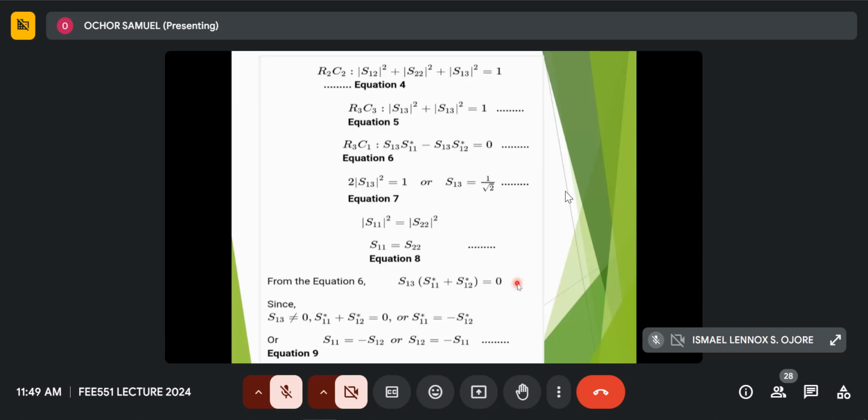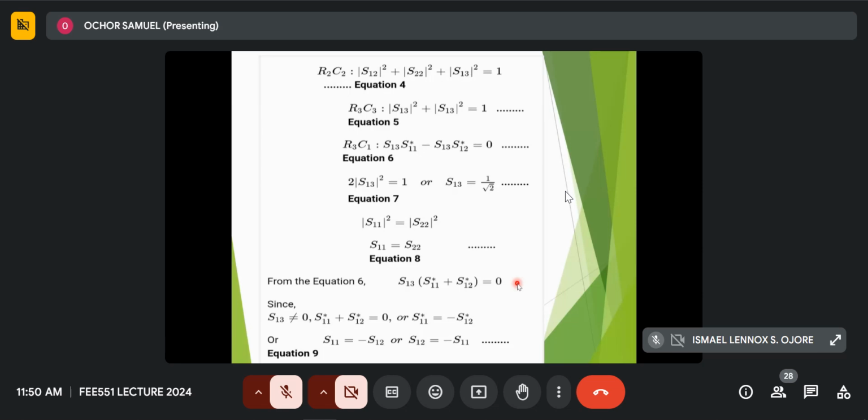Then from equation 6, which was row 3, column 1, you can factor out S13 because it is common, and you are going to get S11 plus S12 equals 0, and outside the bracket there is S13.